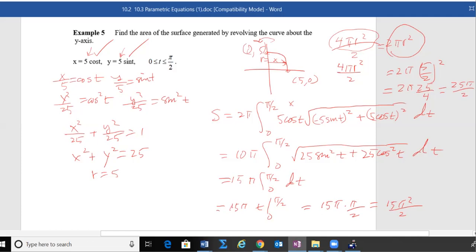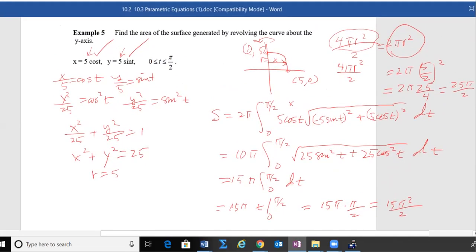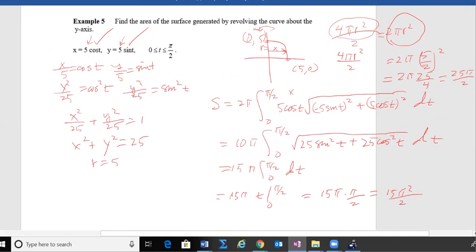Let's see what happened here. Derivatives.